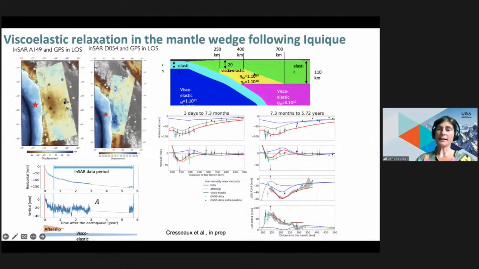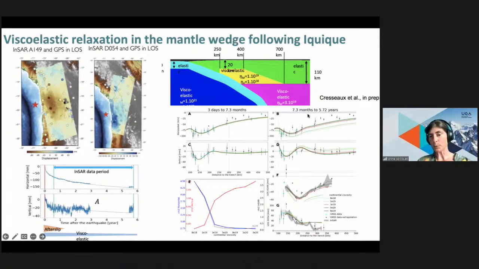Another thing that is really important is that we need a low viscosity body here below the Altiplano that will account for some internal deformation. In this slide, I'm showing the effect of the viscosity of this yellow body.